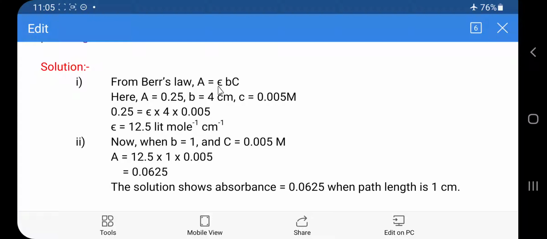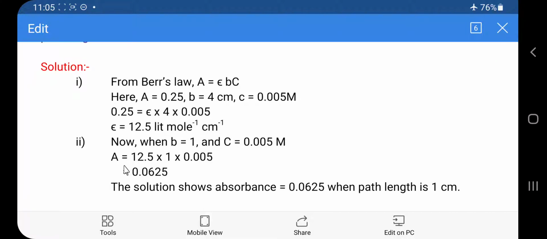So, let us consider step by step. Again A is equal to epsilon into B into C, A is equal to 0.25, B is equal to 4, C is equal to 0.05. Substituting all the values in this equation, we can calculate the molar absorptivity, and its value is 12.5 liter per mole per centimeter. Then when the path length B is equal to 1, the concentration is the same, that is 0.005 molar, and the same solution is used, that is why the molar absorptivity is also the same, 12.5 liter per mole per centimeter.